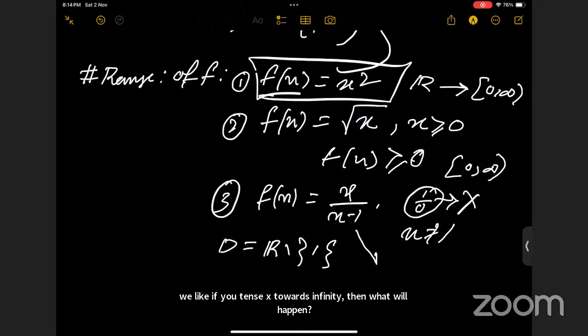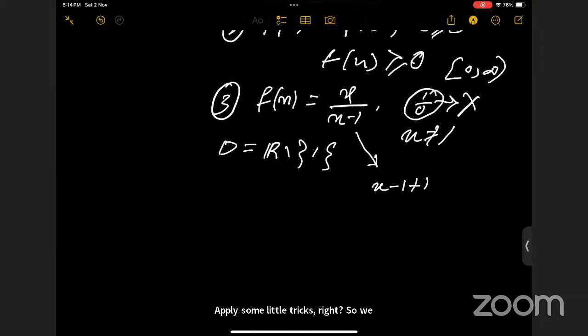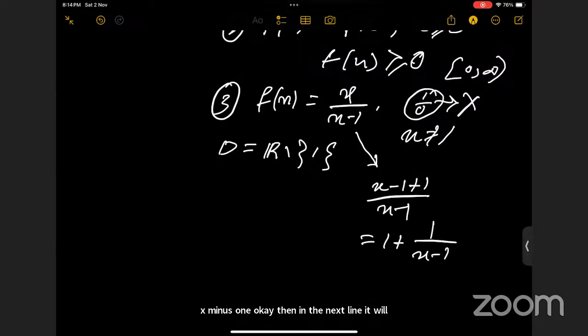If you are confused with the function, then we can apply some little tricks. We can break this function as x minus 1 plus 1 by x minus 1. Okay, then in the next line, it will be 1 plus 1 by x minus 1. Now what will be the case if x tends to infinity?